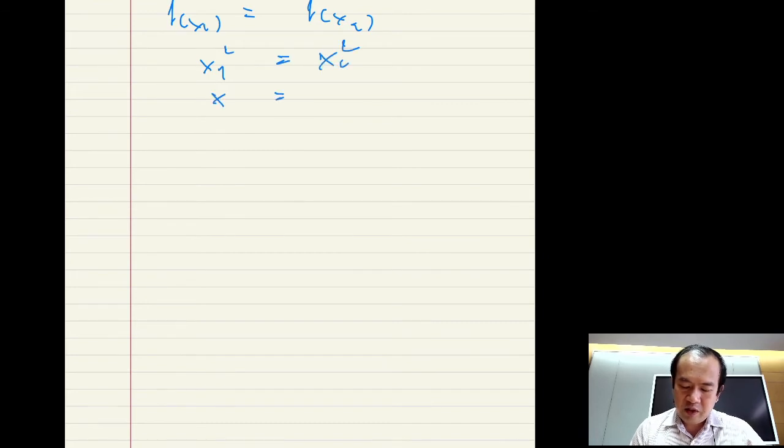However, x1 will be equal to plus and minus x2. As you can see, f of x1 is equal to f of x2, but x1 is not equal to x2, so this is not one-to-one.